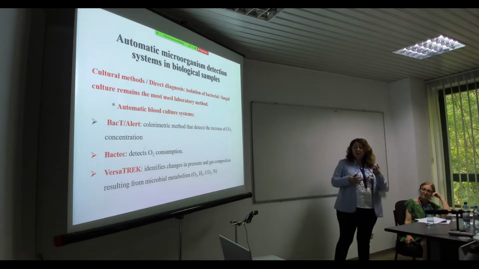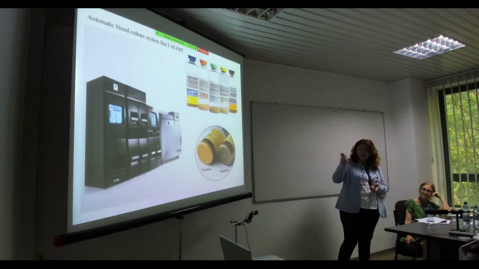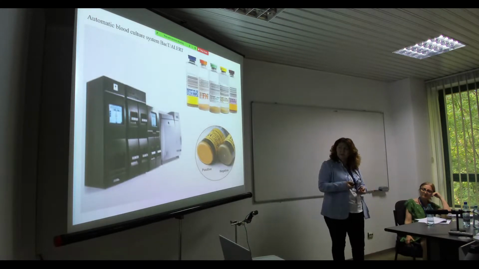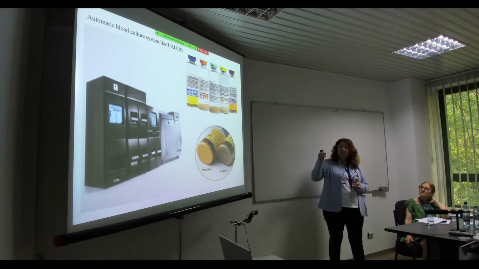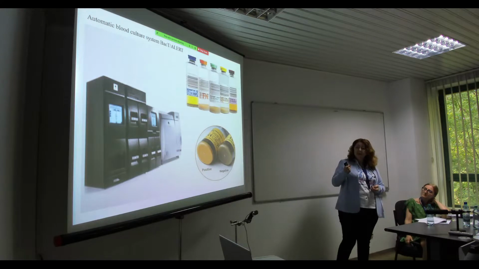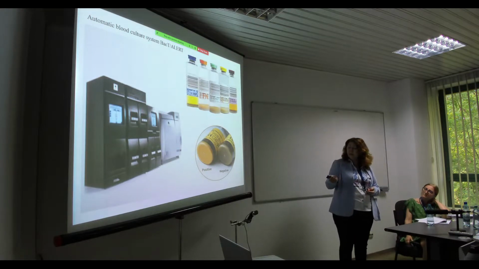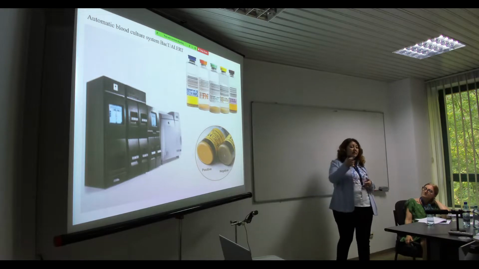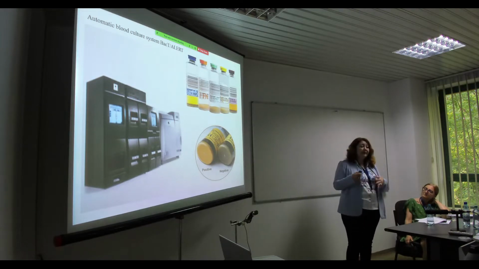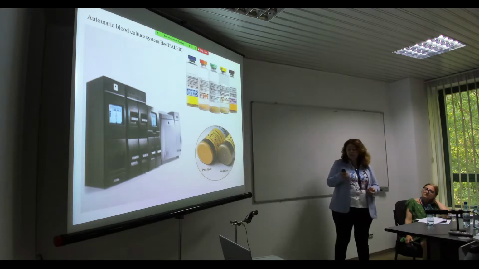So we are incubating the blood cultures in that device, and that device shows us if it is positive or negative. And after that, the laboratory doctors are doing the identification of the microorganism.